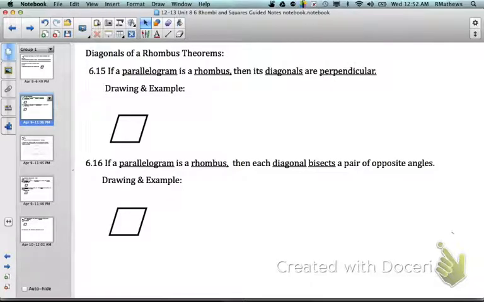So if a parallelogram is a rhombus, then its diagonals are perpendicular. And here's a drawing of that and an example.